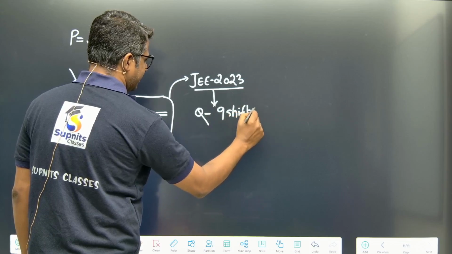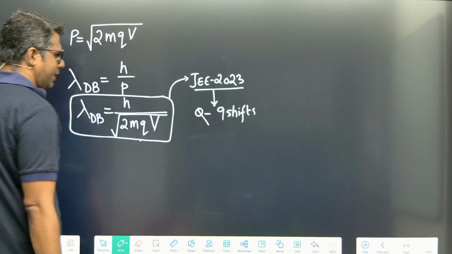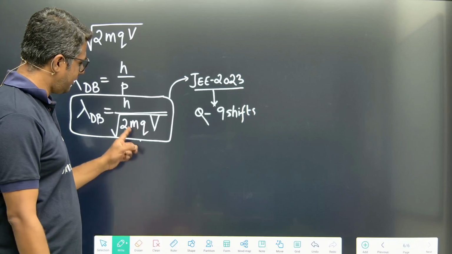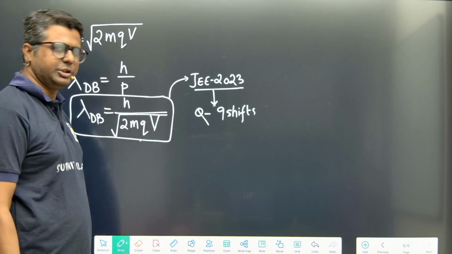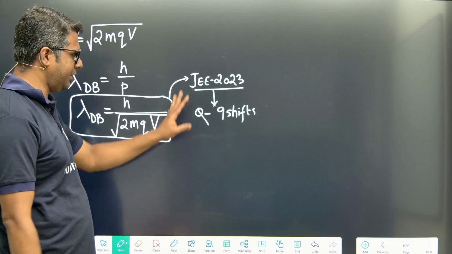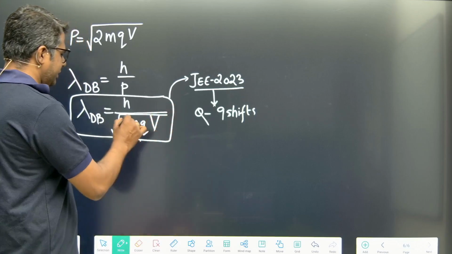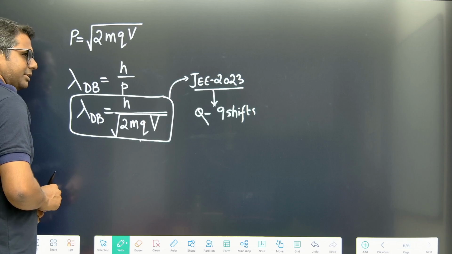I may have missed 1 or 2 shifts, but I can guarantee that in 9 shifts questions have been asked on this one. 2022 also questions have been asked, but I am taking only 2023. In 9 shifts a direct question from this has been asked.